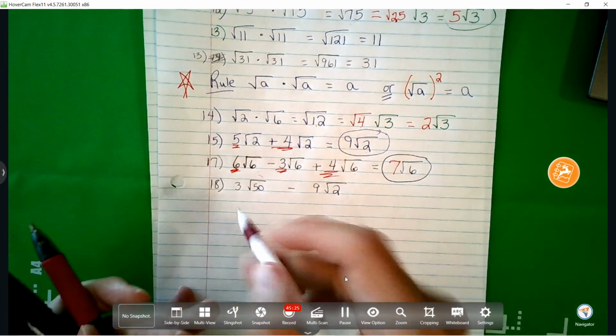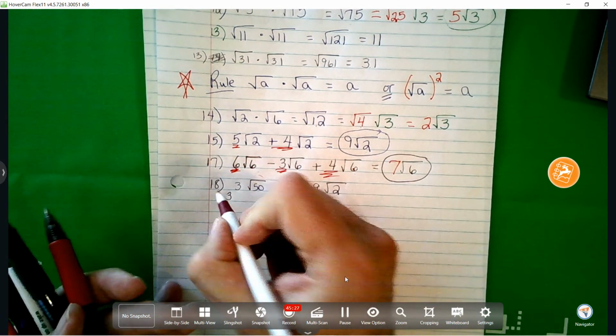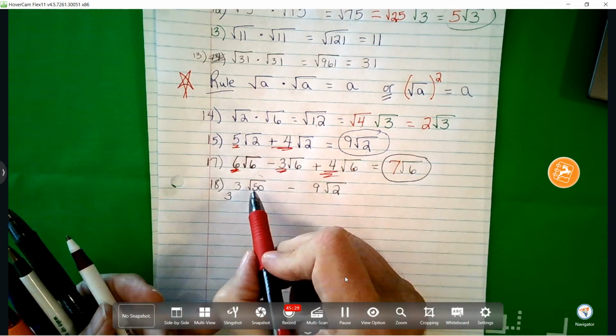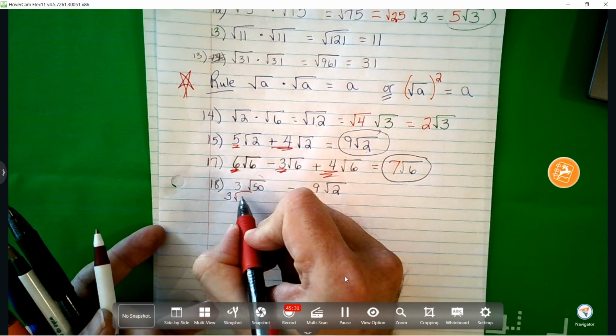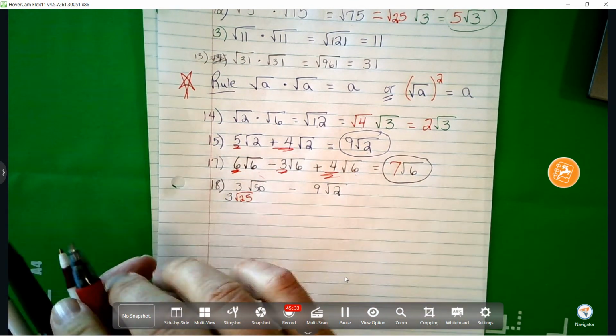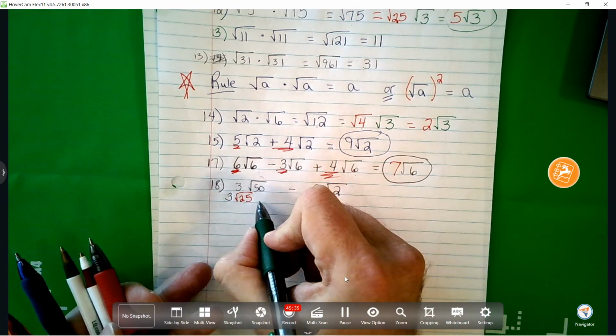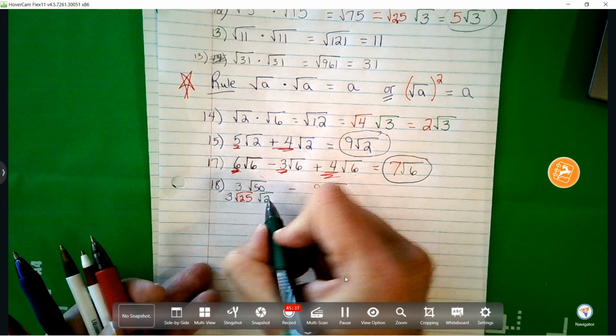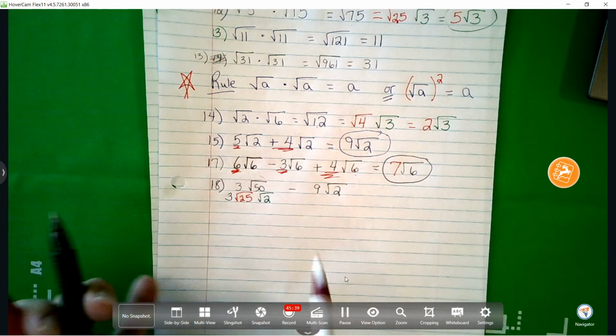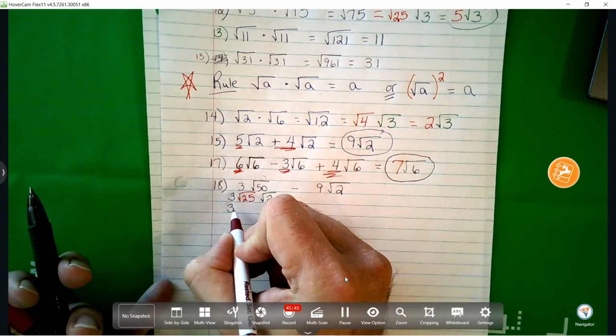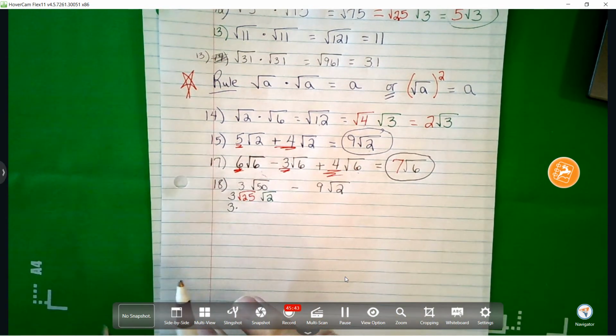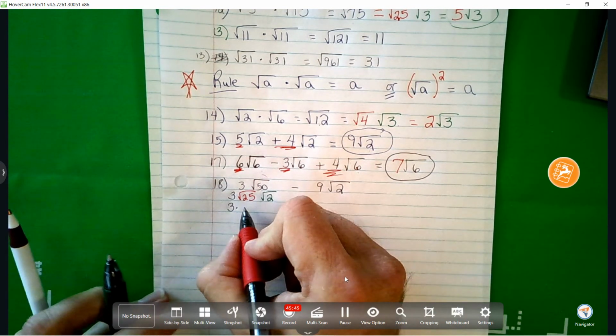Let's see. I'm just going to write down the 3. And I'm simplifying square root of 50 by thinking of it as 25 times 2. Then we have a 3. That square root of 25, I could just write as a 5.